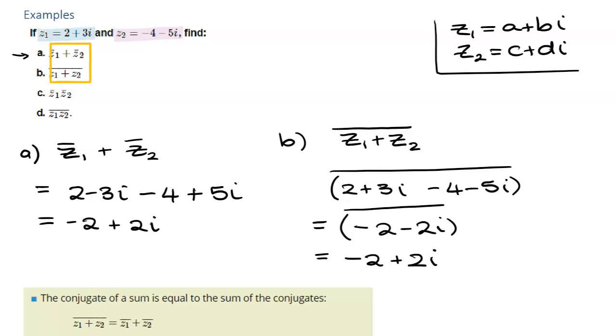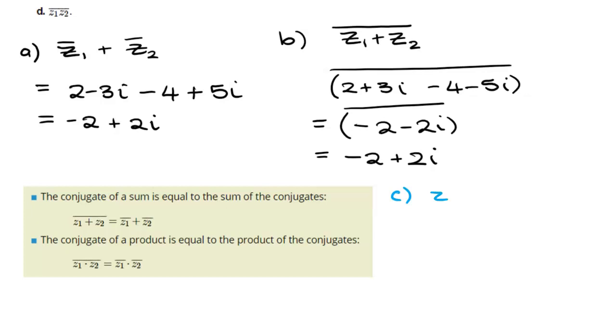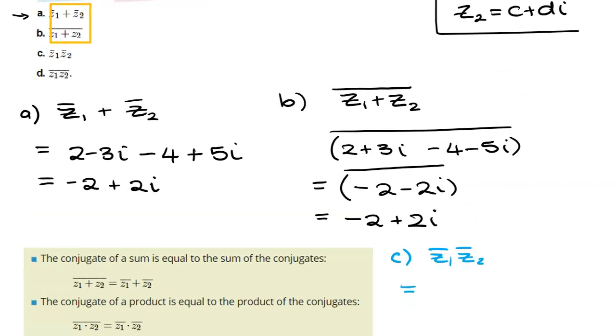So we can take the conjugates and then do the sum, or we can do the sum and then take the conjugate. For this one, z1 and z2, we're taking the conjugates first and then doing the product. So we need our values of the conjugates of z1 and z2. It's going to be 2 minus 3i, and then in brackets -4 plus 5i.